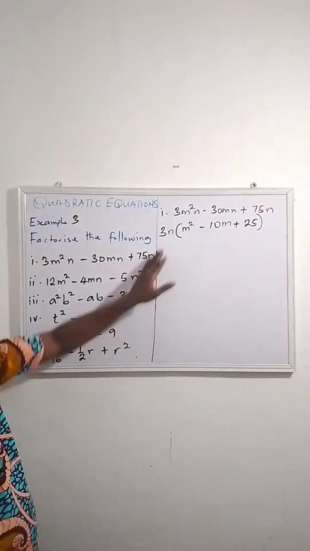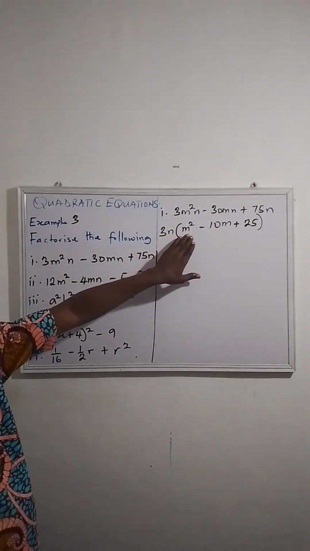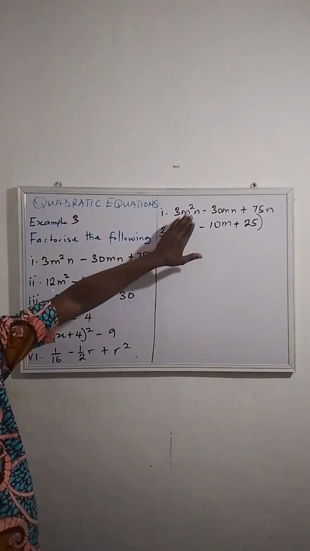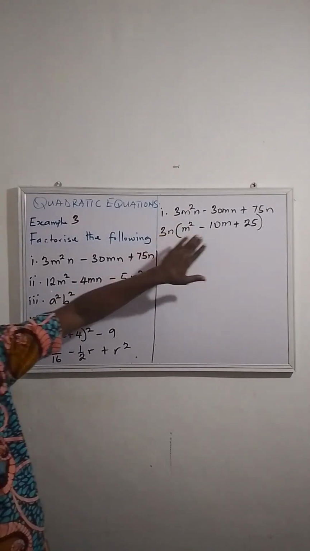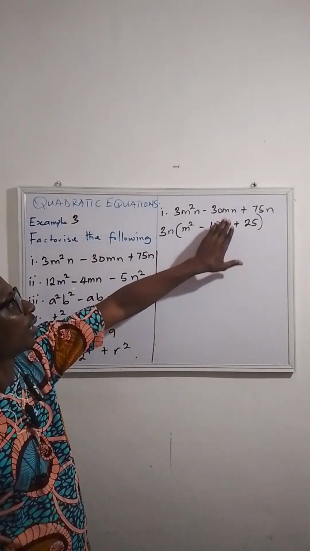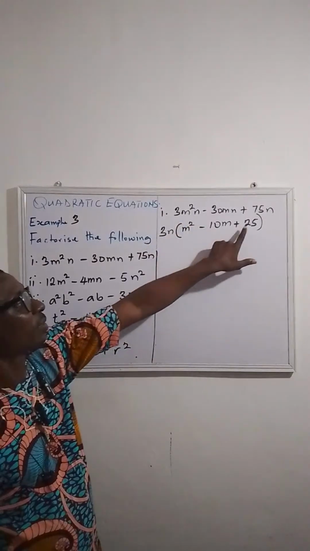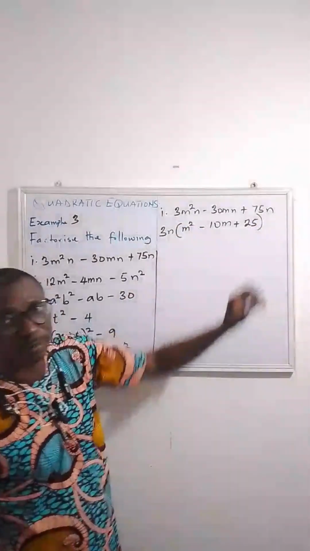You get that? Now let's see when you open the bracket, 3n times m squared, so you have this, and 3n times negative 10m, so you have 30mn, and 3n times 25. So this is what you have.